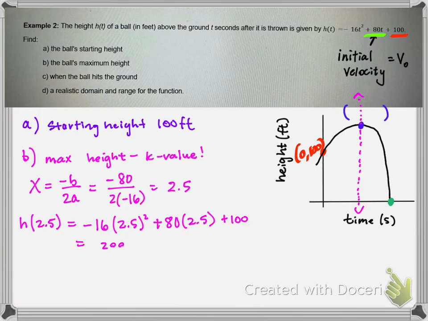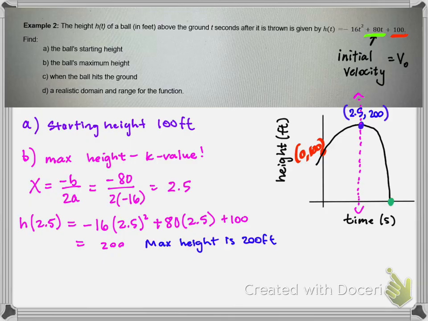So I know that if I wanted to add to my picture, I have 2.5 seconds happening at 200 feet. Okay, so now to answer this question, the ball's max height is 200 feet. Okay, so that's part B.